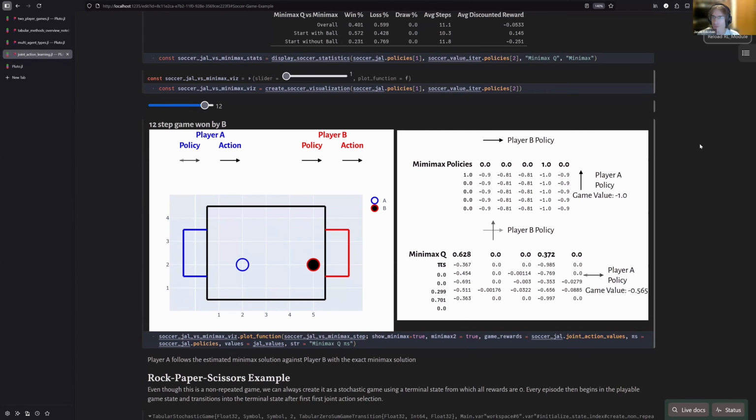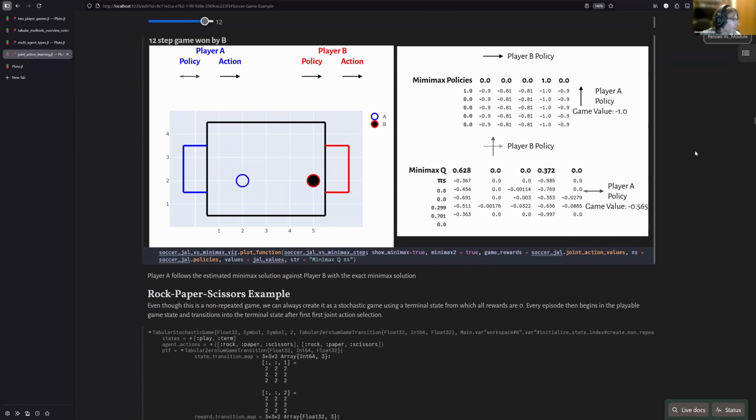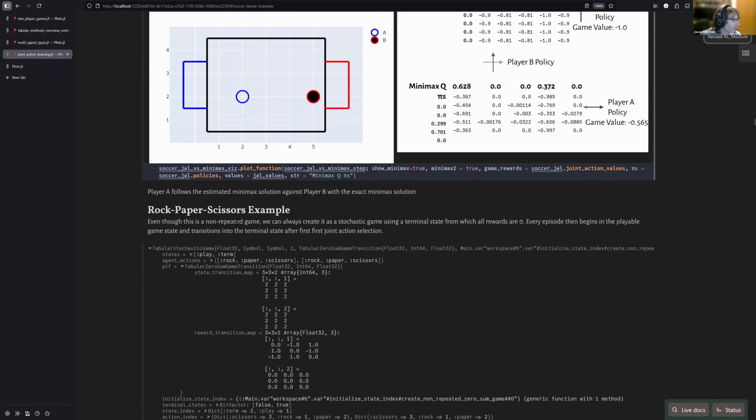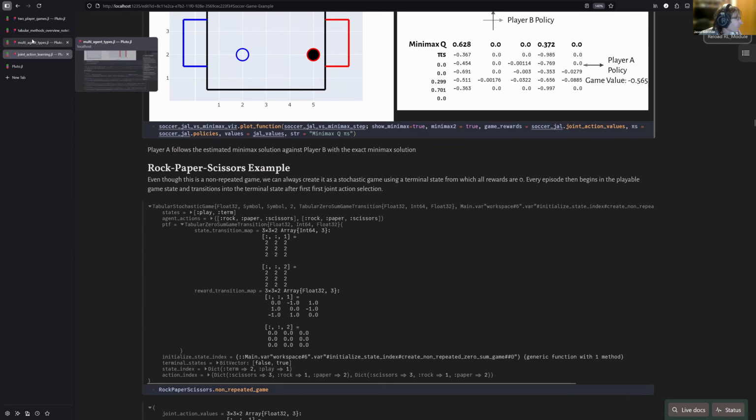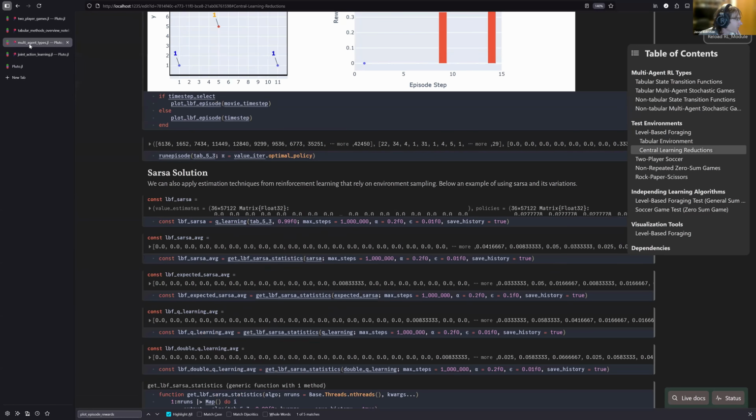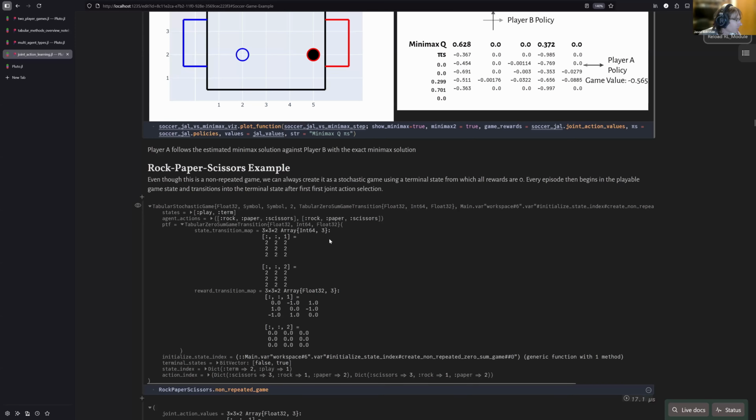Now, I didn't show this for the minimax solution, the exact one, but this rock, paper, scissors game is going to come up in some future algorithms. This is a game where the payoff matrix is this 3x3 matrix, right?